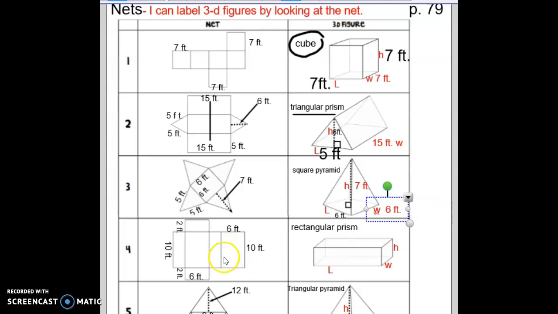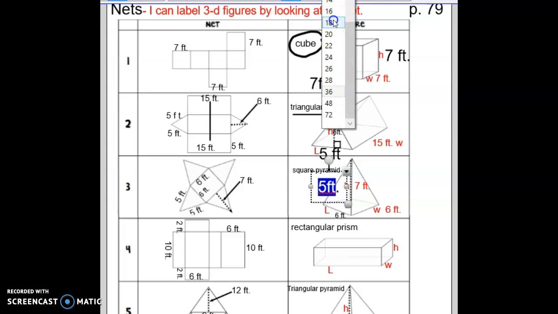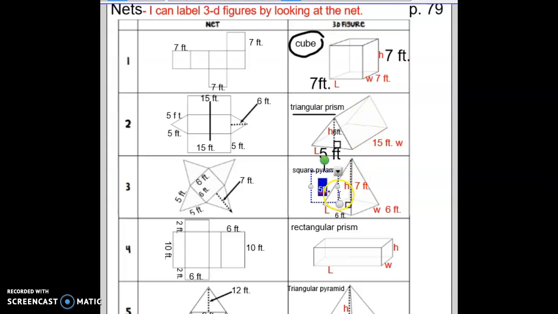Now there are some other dimensions, 5 feet, that are given for this square pyramid, and that would just be one of the sides of the triangles. If you'll notice that 5 feet labels one of the sides of the triangle, so let's just go ahead and add 5 feet to that edge that goes from the square to the top vertex.